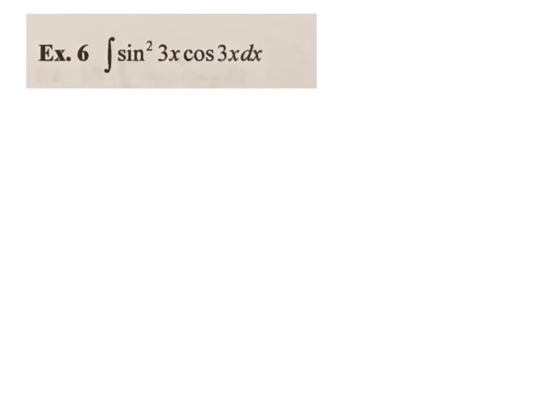So now let's try an example that has some trig in it. So we have sine squared 3x times cosine 3x. Well, of those two functions, the one that you want to choose for u is the one that's being squared. So let's let u be sine 3x.